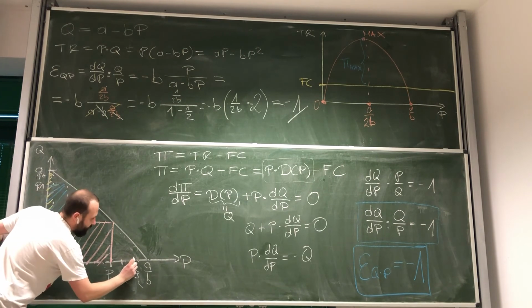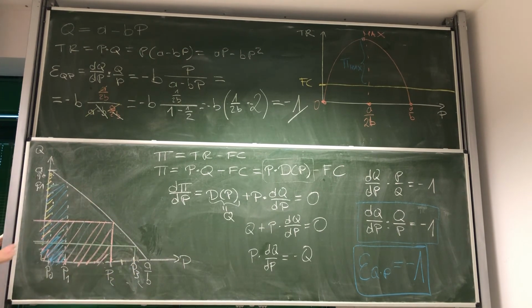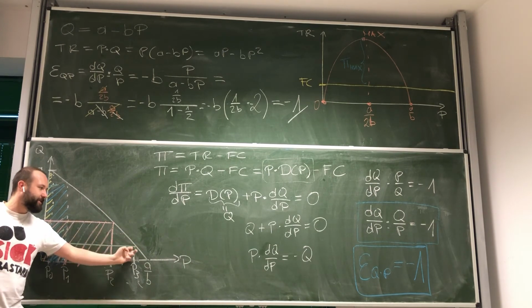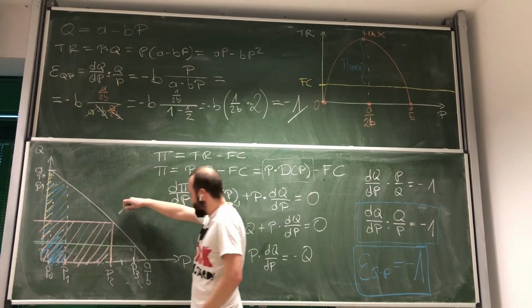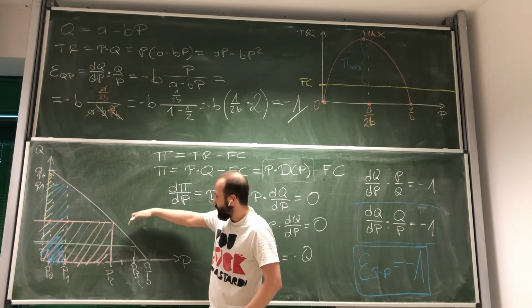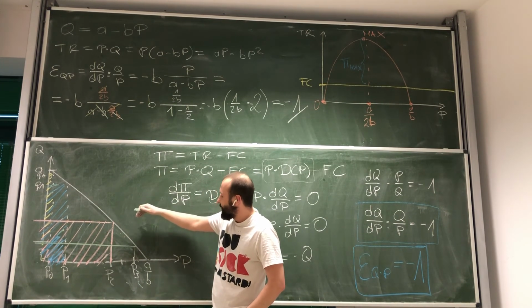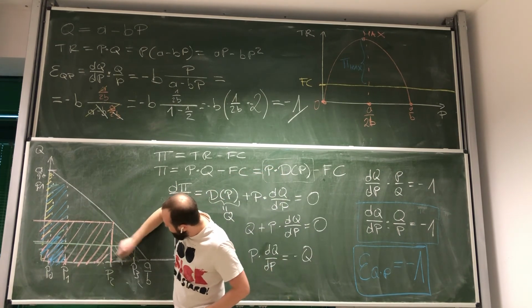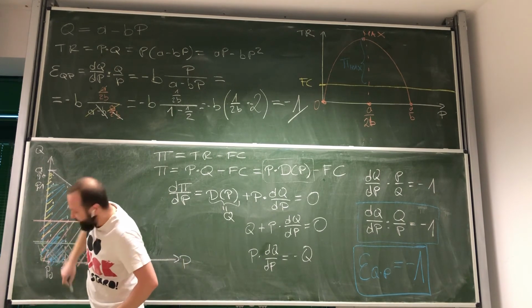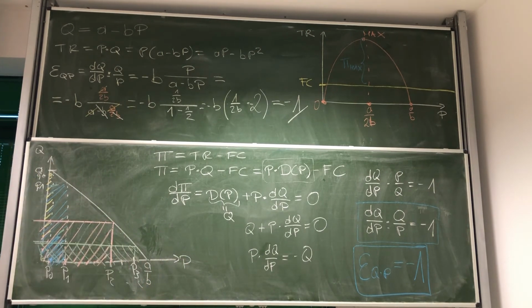Well, the total revenue is going to be this smaller rectangle, because when the demand schedule is elastic, this simply means that when the price is increased by 1%, quantity declines by more than 1%. And as a result, the total revenue we are getting is simply smaller.